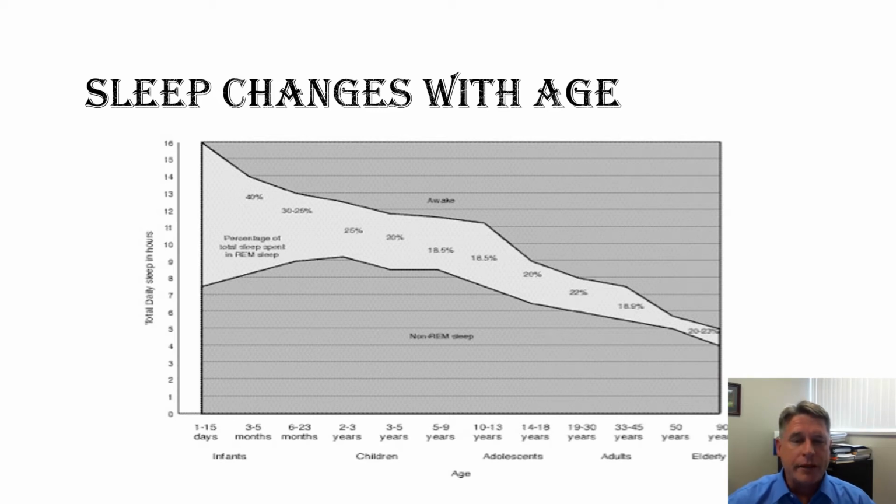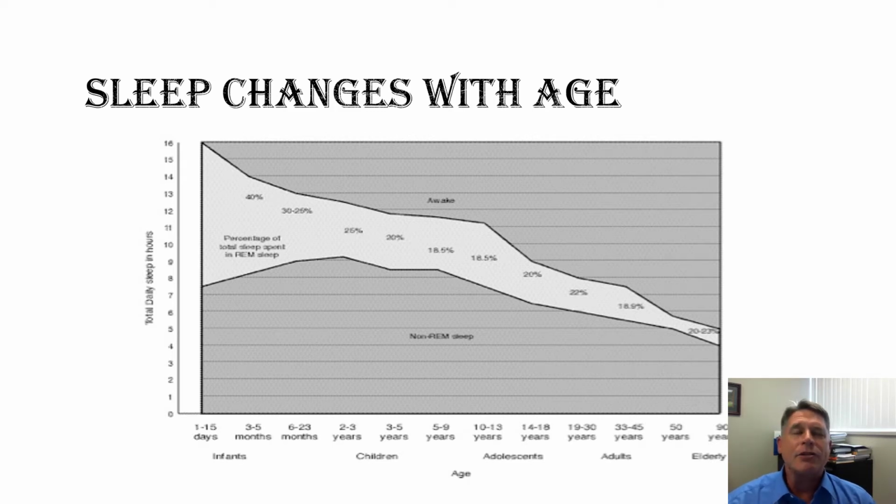Now, as you look at 3 to 5 months, you see that they probably sleep about 14 hours a day, and about 40% of their overall sleep is REM. You get to 3 to 5 years, and you'll see that they tend to sleep about 12 hours a day. A lot of kids, hopefully, sleep overnight and then may take a 2 to 3 hour nap sometime during the day. And so approximately 20 to 25% of their sleep is REM.